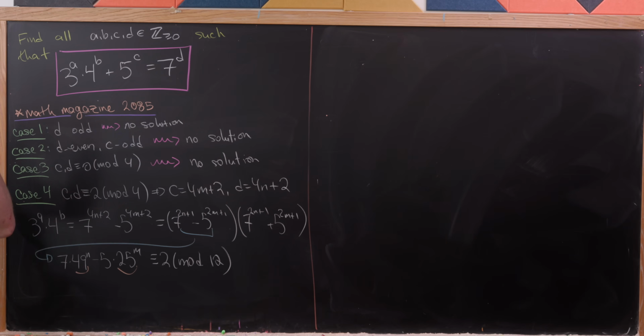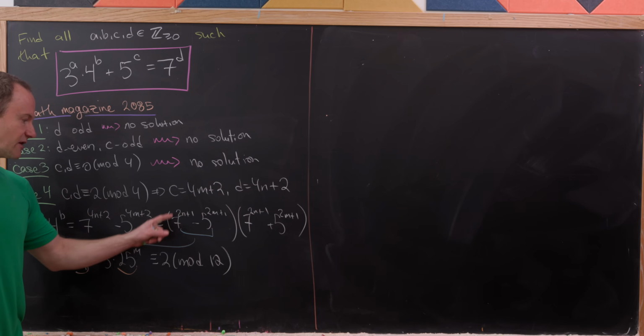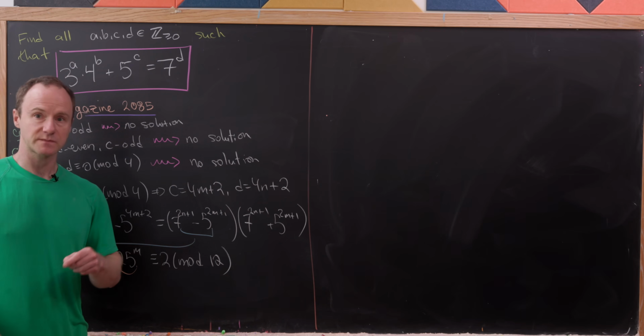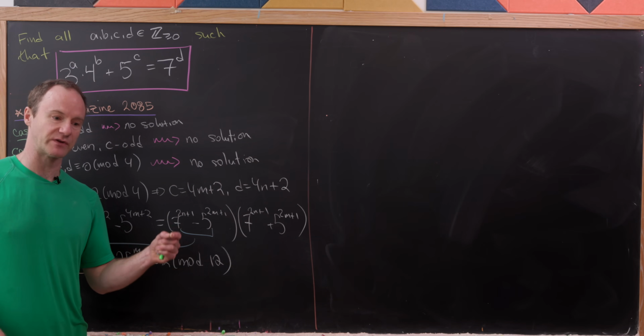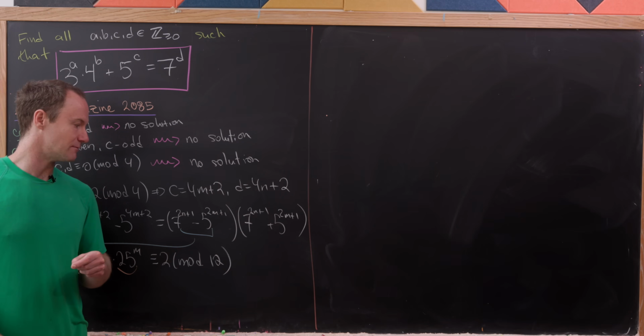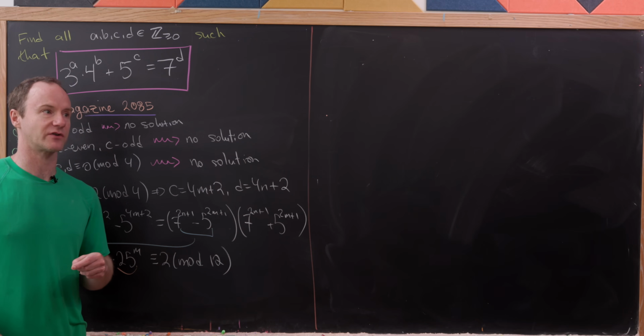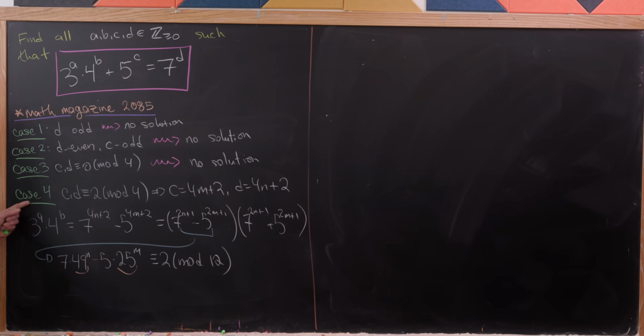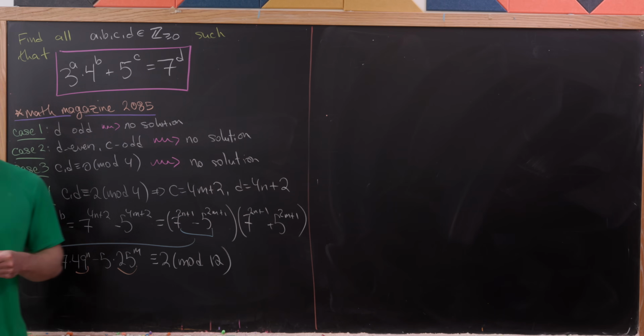But now we're in the same sort of situation as we were before. So that means that this term right here that's underlined in blue is not divisible by 12. That means it's not divisible by 3 and it's not divisible by 4. But that means that it must be equal to either 2 or 1, because those are the only divisors over here that are not also divisors of 3 and 4.